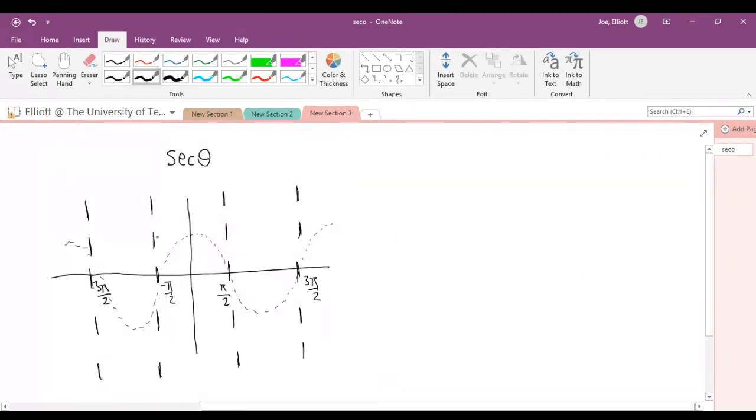Okay. And then to get the graph in between the vertical asymptotes, you can take this, which sort of looks like a parabola shape, and just flip it upside down. So it's now going to open upwards like that.